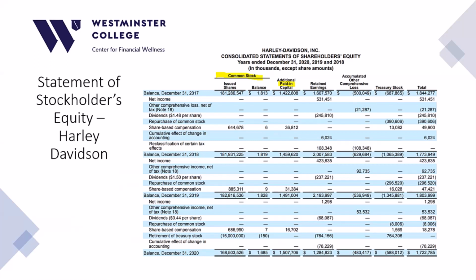We can see the changes over the last 4 years. The way this works is it shows the beginning and then the ending for 1 year, and the beginning and the ending for the next year, and so on. So the actual progress is going down each column. It looks like they've been issuing common stock, but it's been for purposes of compensation to their employees. So that's been their reason for increasing their common stock.